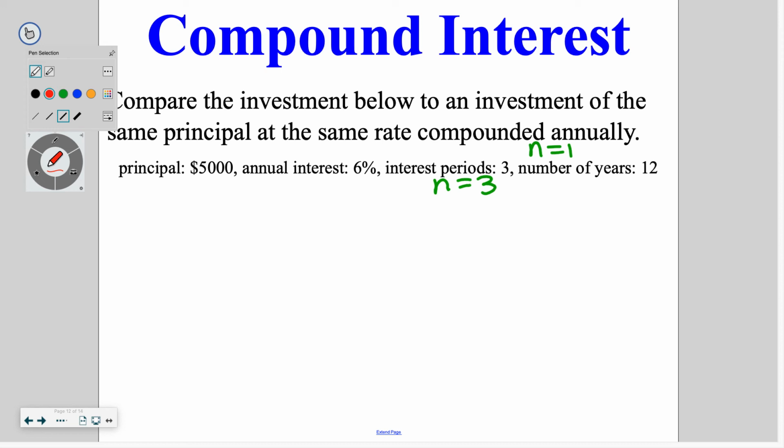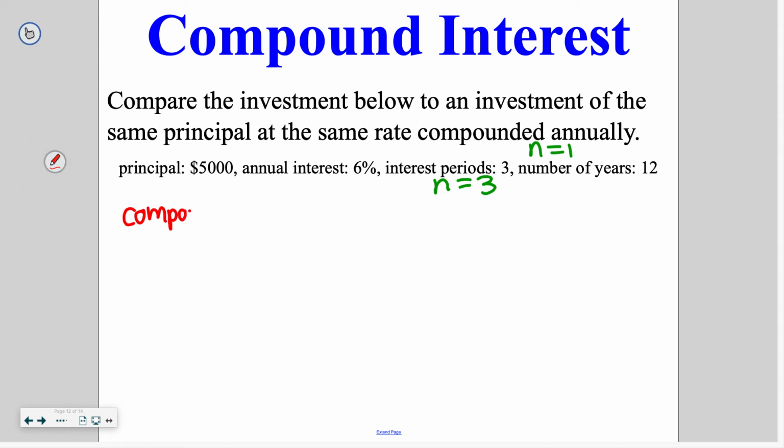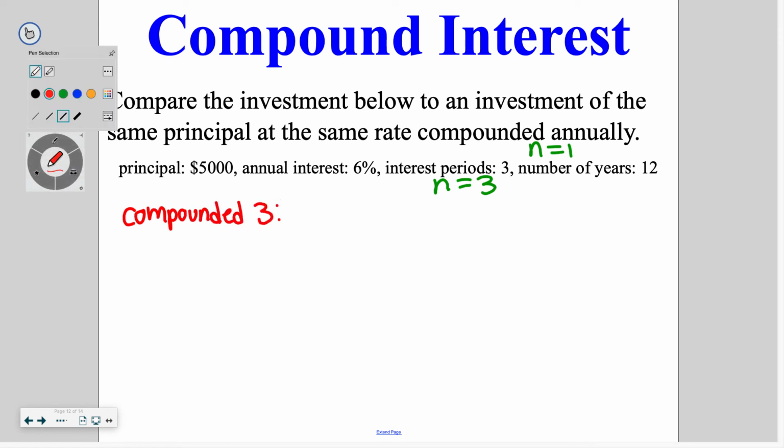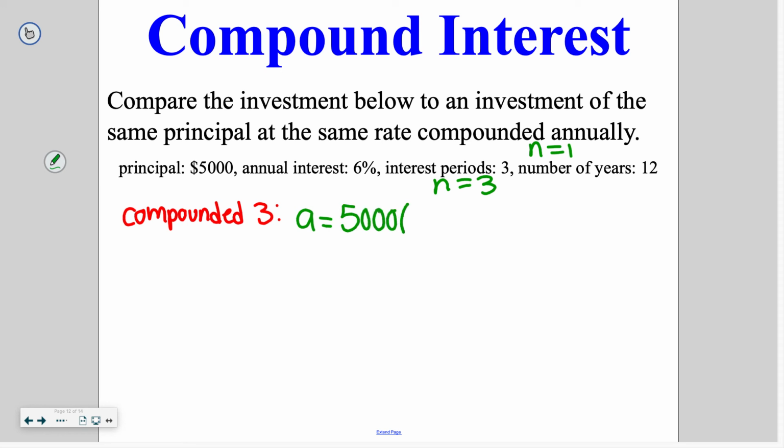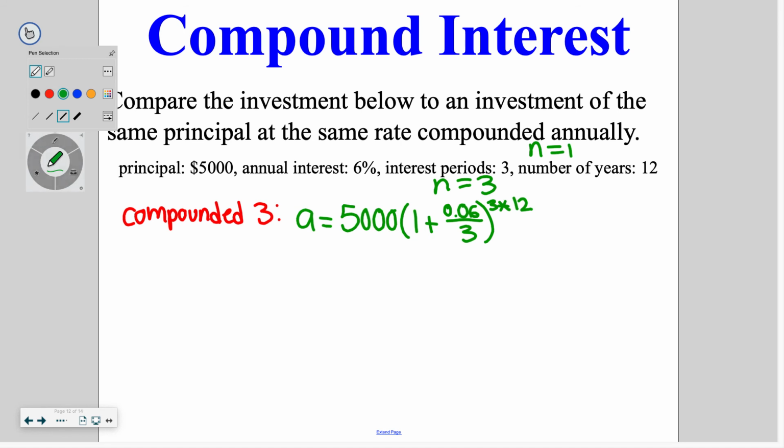So if I start out with my compounded 3 times, my equation is going to be A is equal to my principal of $5,000 times 1 plus 0.06 over 3, times 3 times my 12 years, making sure that you solve that exponent and get 36 when you plug it into your calculator.